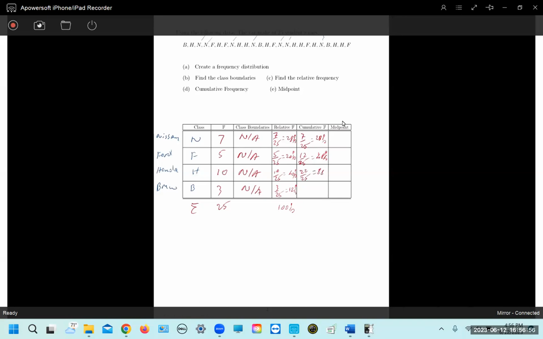So we got 88%. And then plus 3, so 25 over 25. So we got 100%. So this one should be 1 equal 100%. And for the midpoint, we don't have it, non-applicable.